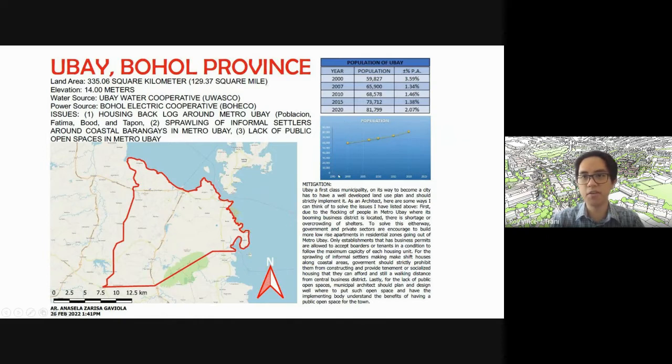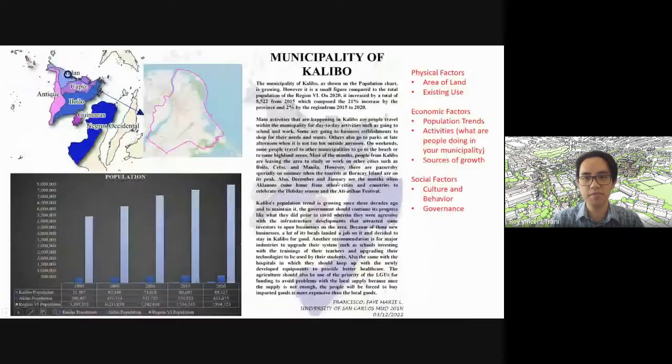So let's quickly compare this with Kalibo over here. We don't have the percentages, but let's see, 51 to 62. So that's another one, like 11,000-ish. And then 2000 to 2010, that's 212. So 11,000 and 12,000.